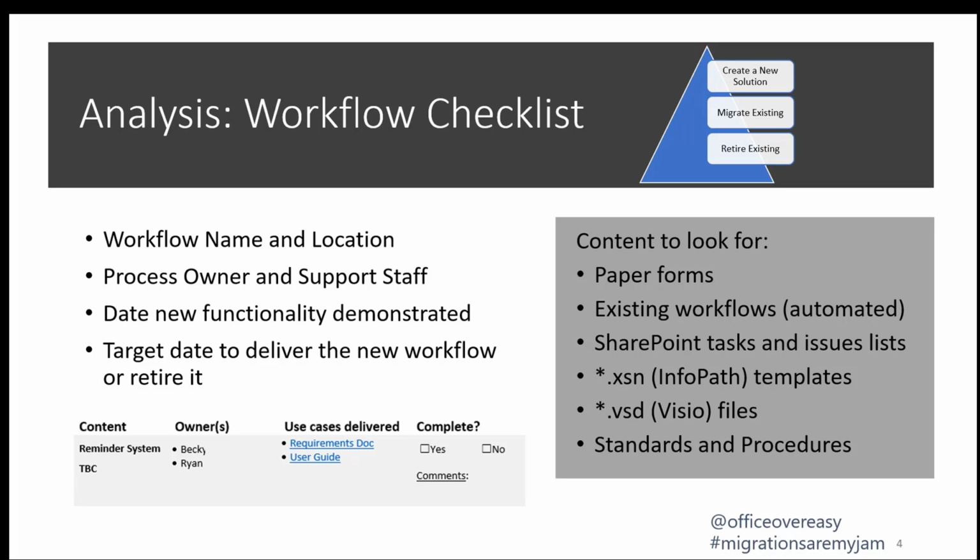To kind of come in and say, hey, we've noticed that this hasn't been edited in the last couple of years. Have you found another way to do this? So that way, all you're doing is identifying it and deciding whether or not they need you to create a new solution for them in the new environment. So the process owner and the support staff, the date the new functionality is demonstrated.